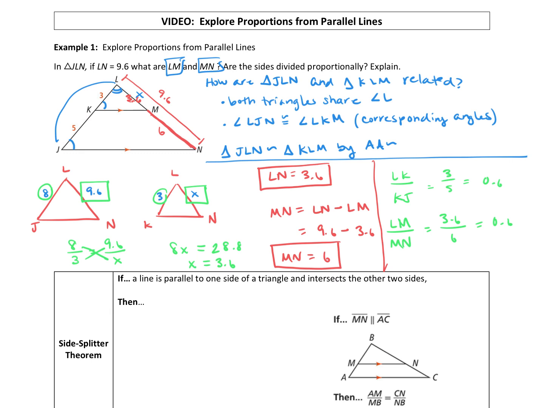So what that means is that KM, this segment right here, divides LJ and LN proportionally. So that is what we are going to write in. That parallel line, KM, divides the two sides of the triangle, so divides JL and LN proportionally.